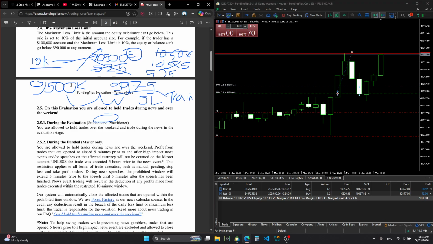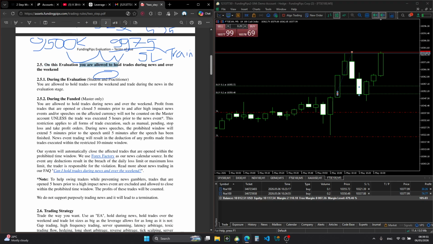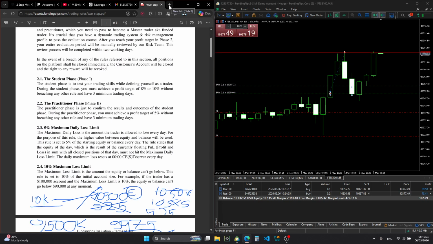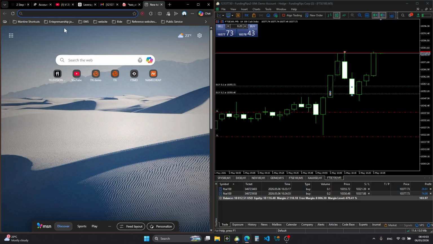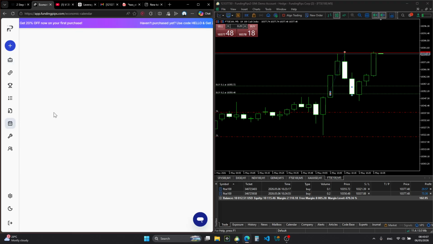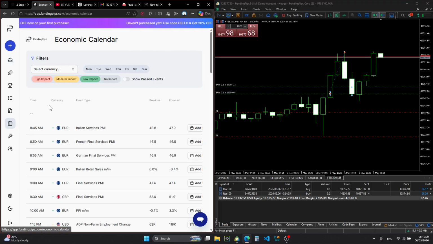Let's see all the rules. On this evaluation, you are not allowed to hold trades during news and over the weekend. Even in evaluation, I am not allowed to hold it. What? That's not right.